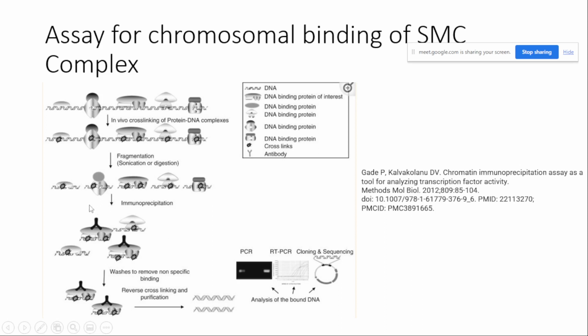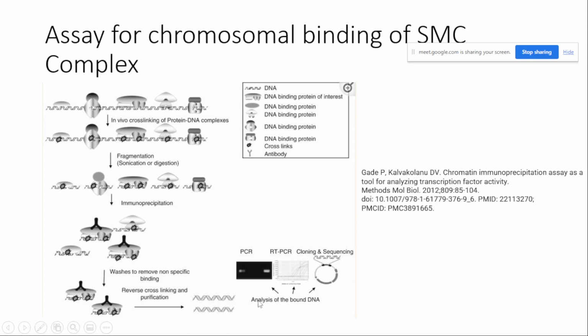After separating these, first we need to wash to remove the non-specific binding, and then we need to remove the cross-linking by heating. After that we will separate the DNA and protein, and we will find the DNA to which this protein was bound.